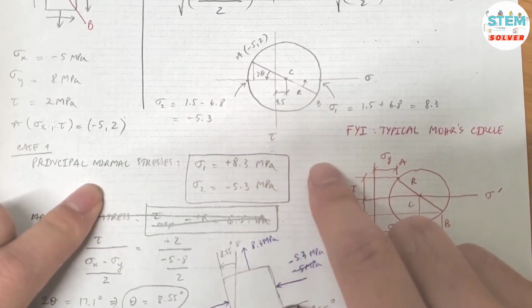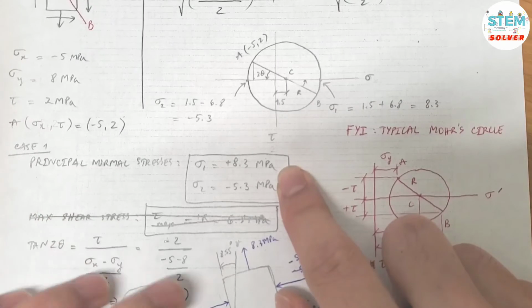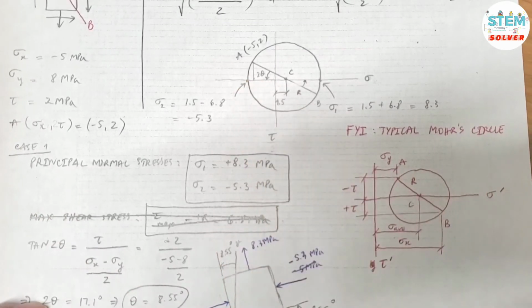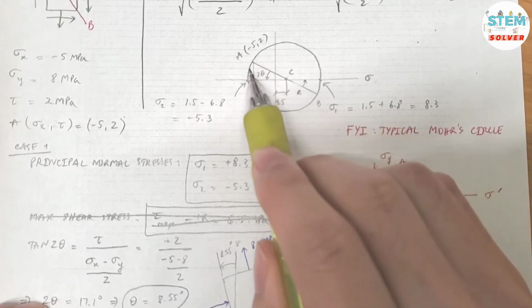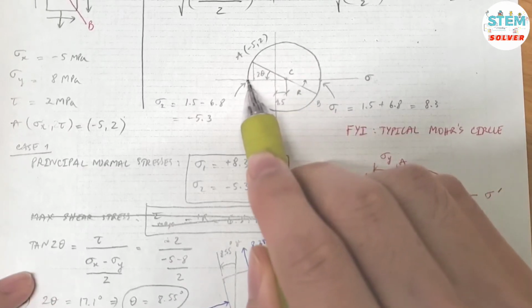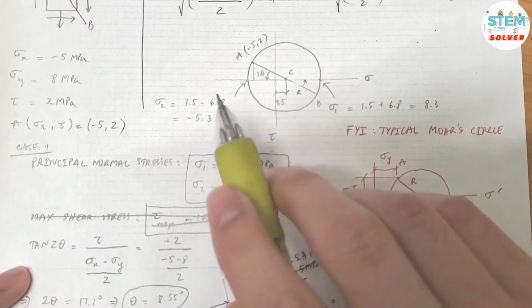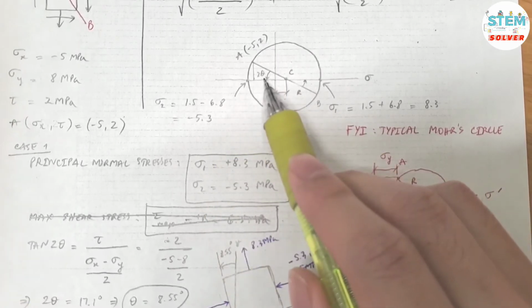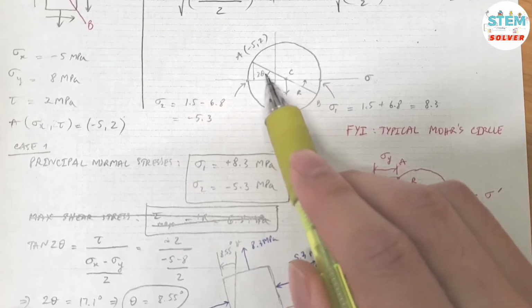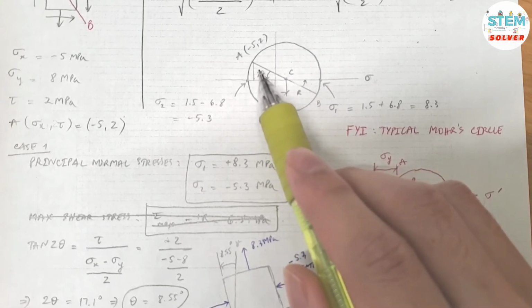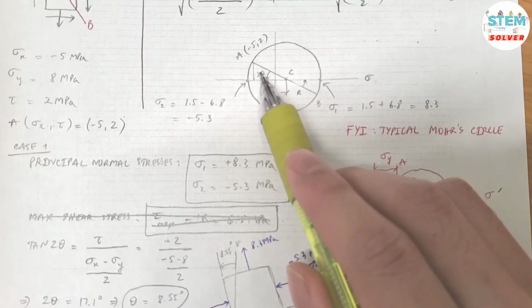Now for the angle, you can use either this angle from line AB to the normal stress, or this angle; they are the same. Since it's the same, I'm going to use this angle because this triangle is oriented in, I would say, quadrant 2.